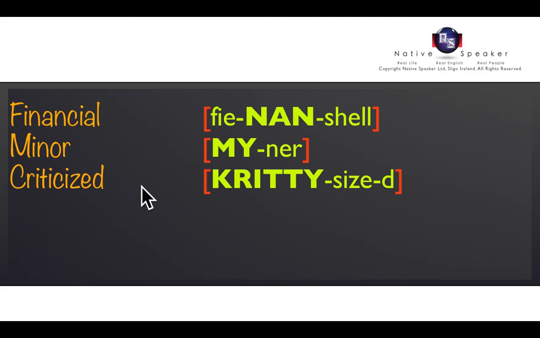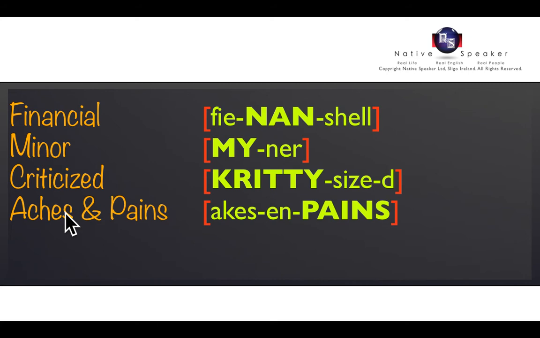So we say criticized, criticized. What you don't want to say is to drop that sound. This is a voiced verb, and you have to pronounce it properly. So it's criticized.